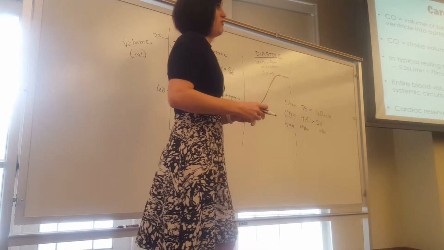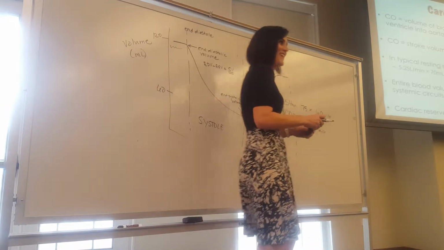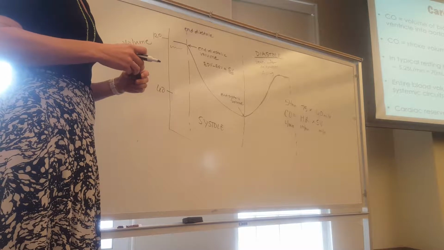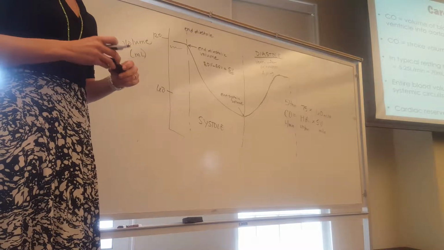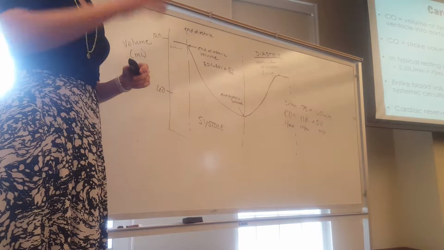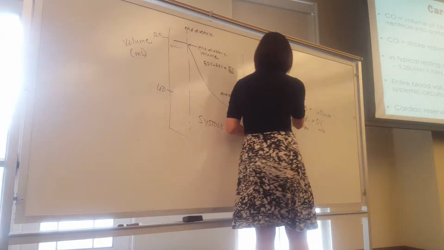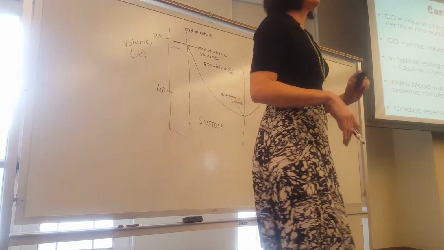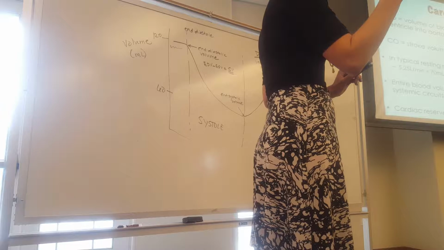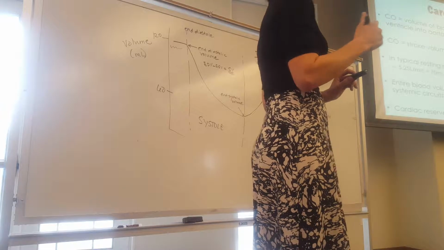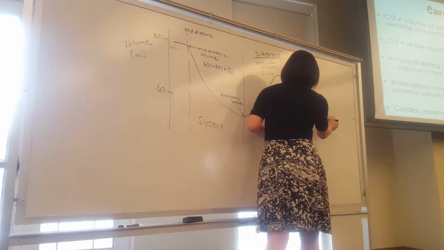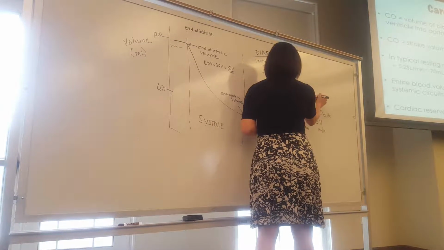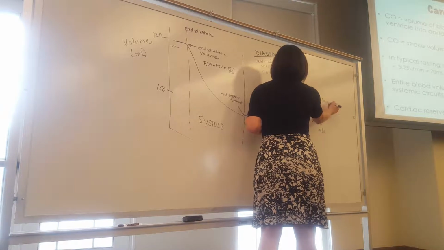I need a calculator. Someone calculate it. Tell me what you get. Probably 5,500. 4,500? All right. 4,500. 4,500 what? 4,500 mils per minute, which is the same as 4.5 liters per minute.